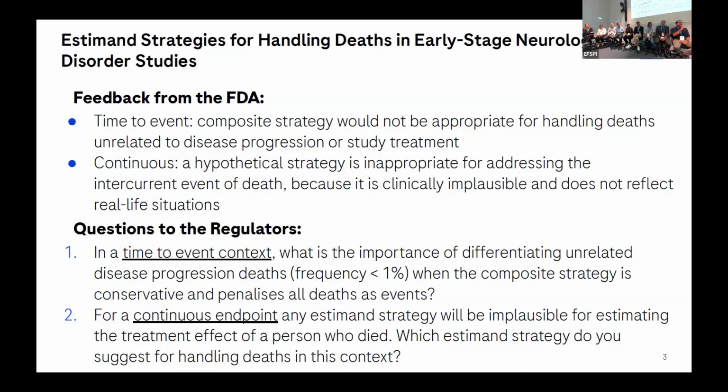Yeah, I think with the composite endpoint, one thing that one needs to be a bit careful with and needs to make clear is that in the end, a result on the composite endpoint is not interpreted as an effect on survival. Because now you have also death in there as an event, and there should not be any misunderstanding that there is an effect on survival.